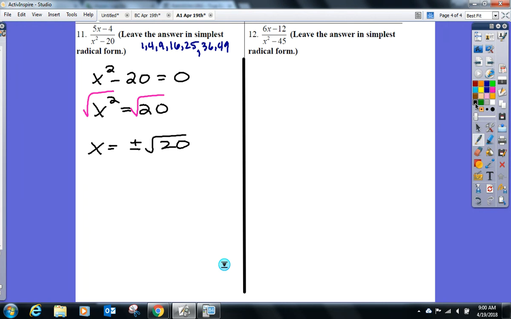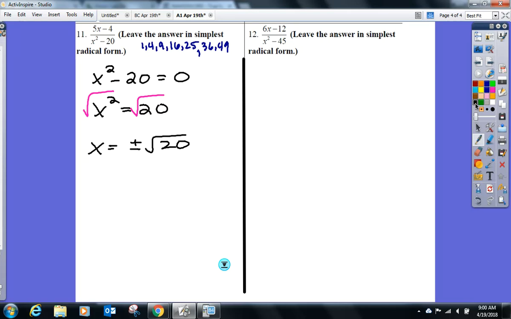The biggest one, and it's got to go in evenly. The biggest one that goes into 20 evenly. You decide. I hear people saying 16, but 16 doesn't go into 20 evenly. It's got to go in evenly with no remainder. So everyone agree, it's 4.